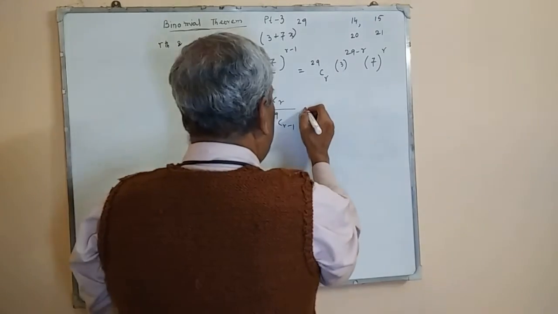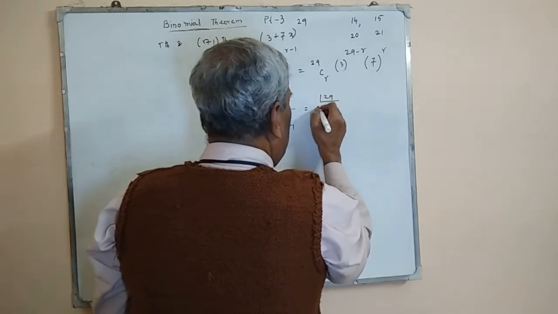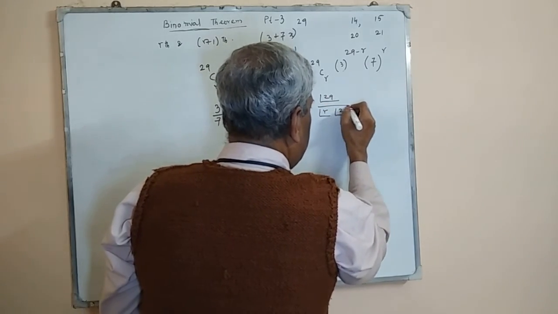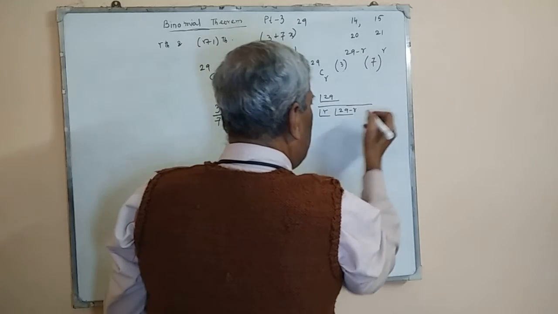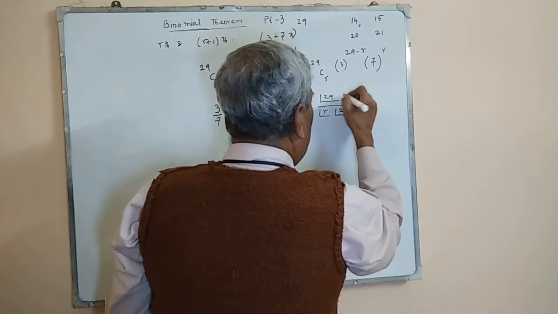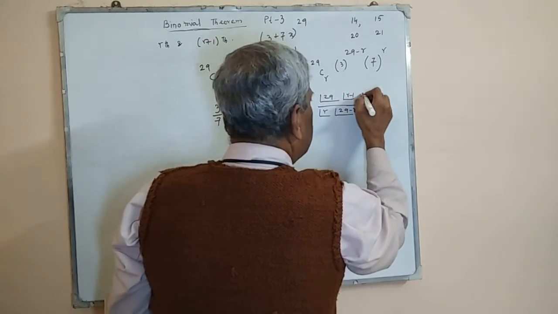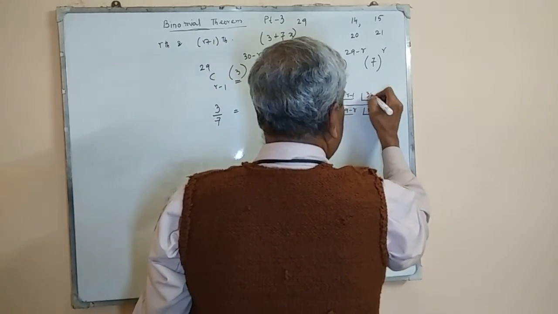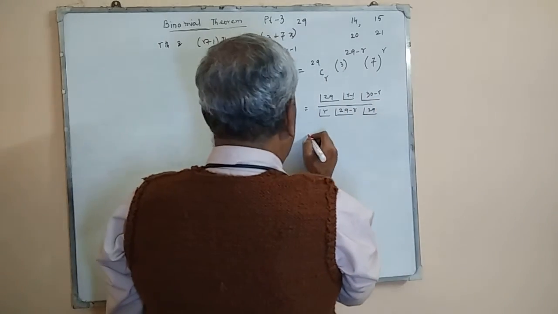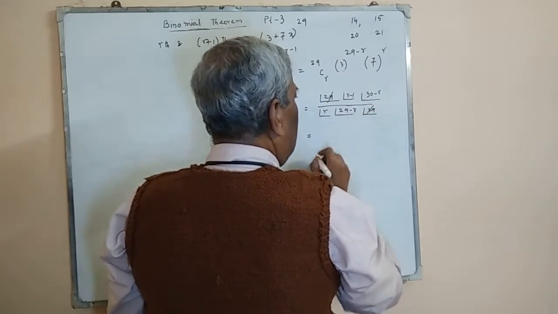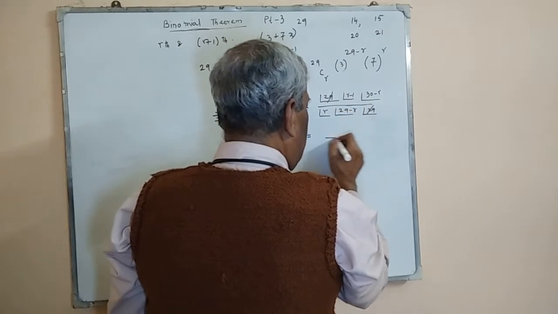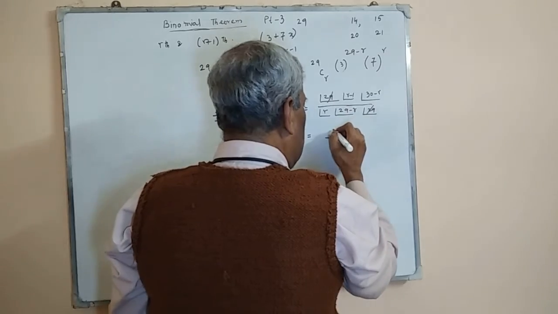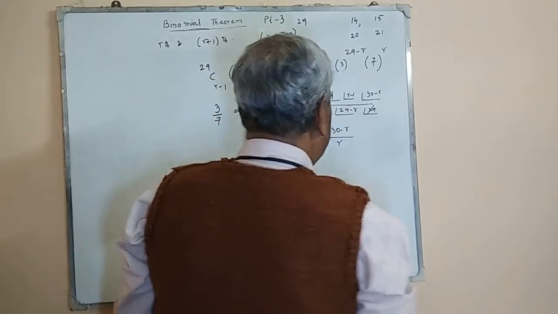Simplify it. It is equal to factorial 29 by factorial r into factorial 29 minus r, divided by factorial of 29 into factorial of r minus 1 into factorial of 30 minus r, is equal to, between this and that, this is r and this is 1 more than that, so it is 30 minus r.